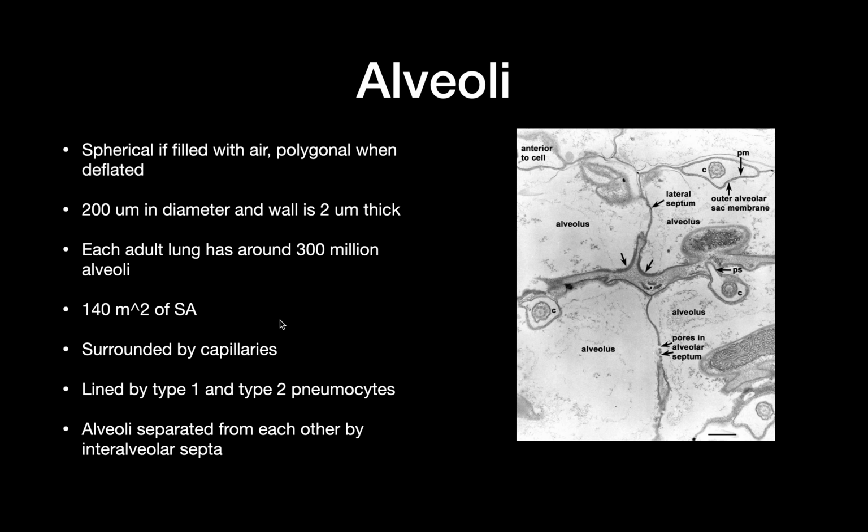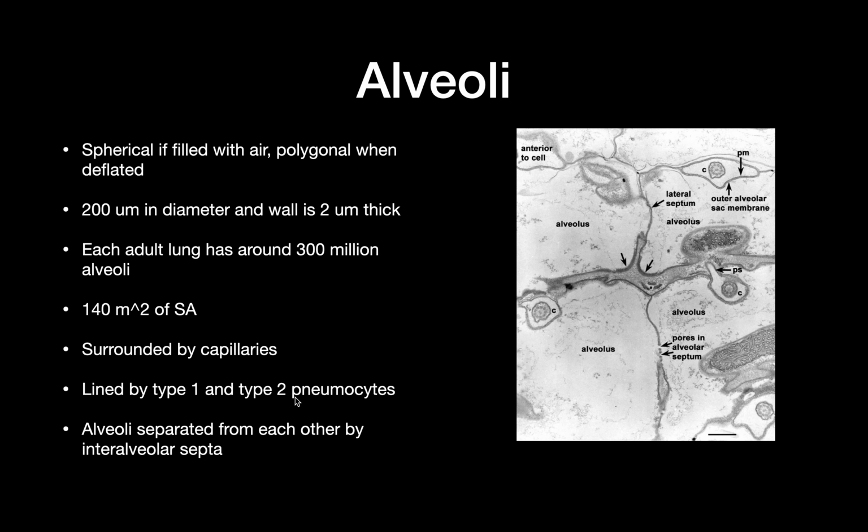Okay, so further in you get the alveoli, and they are very, very small, and we have many alveoli in order to increase the surface area of the lungs and thus receive more oxygen. So the alveoli are going to be surrounded by capillaries, and they're lined by type 1 and type 2 pneumocytes. Remember, type 1 is just a barrier cell.